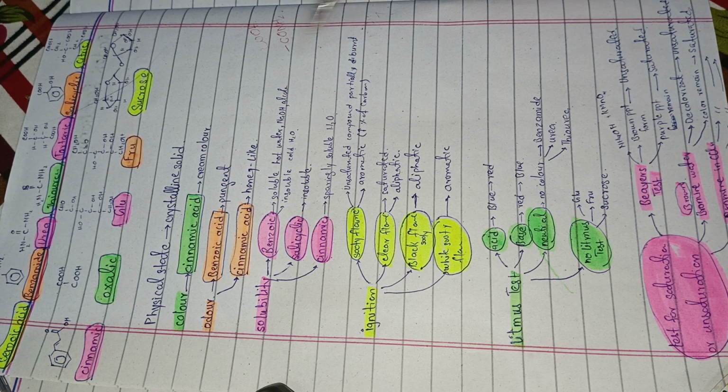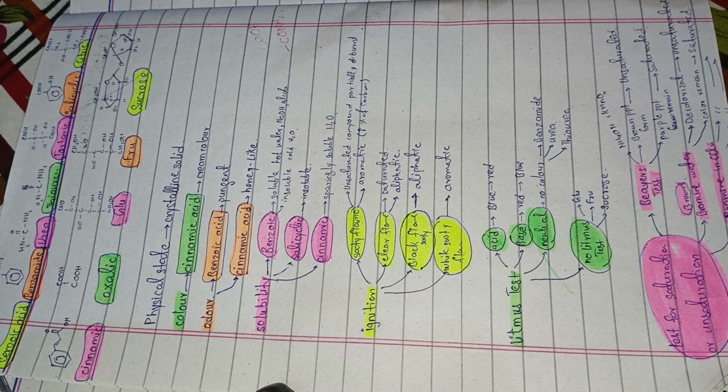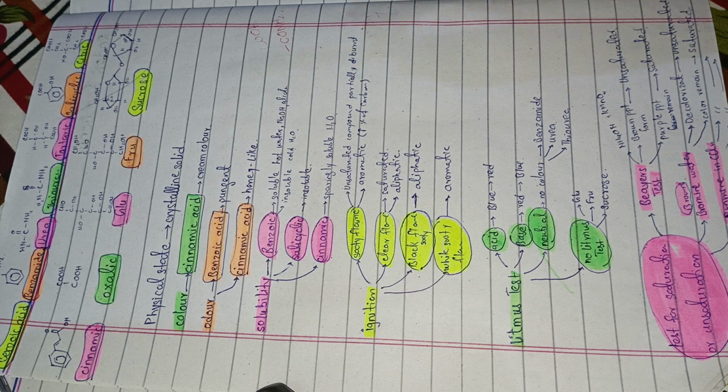Now the other structure is of urea. You know very well that urea has two amino groups in it, and the carbon is double bonded to the oxygen atom. But in the case of thiourea, the oxygen atom is replaced by a sulfur atom.